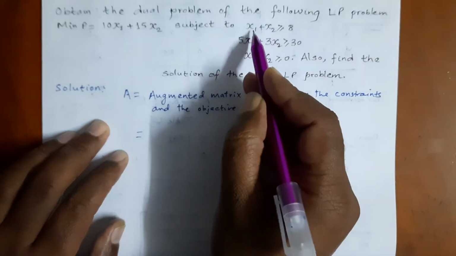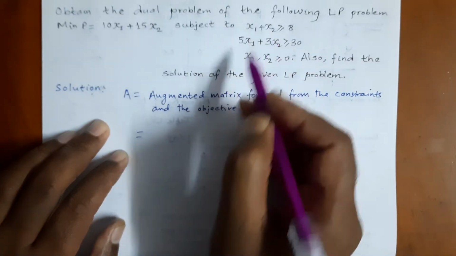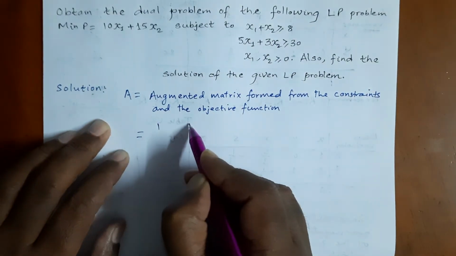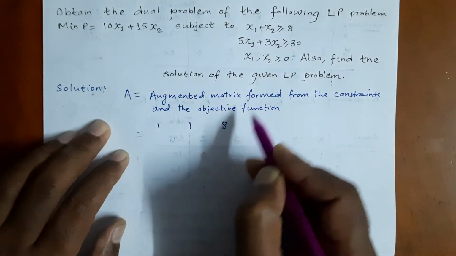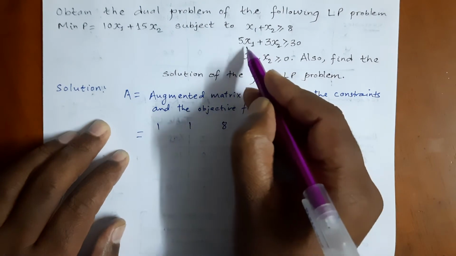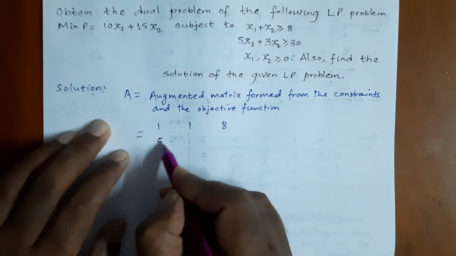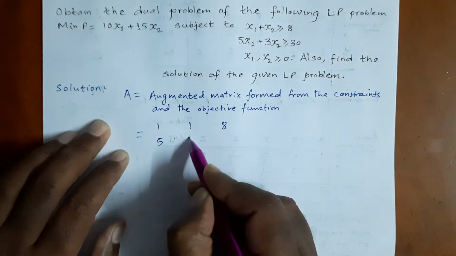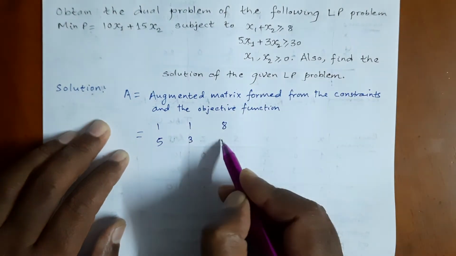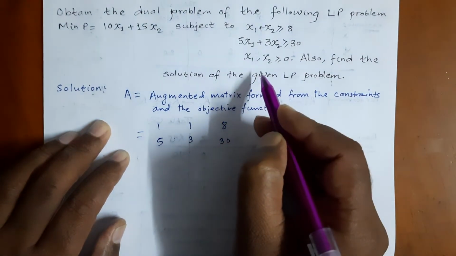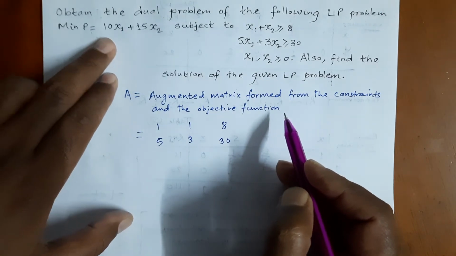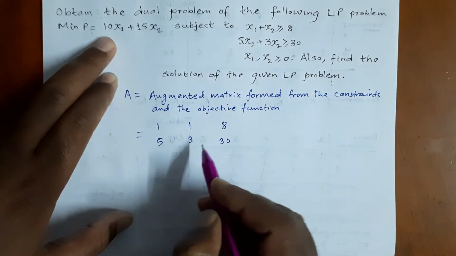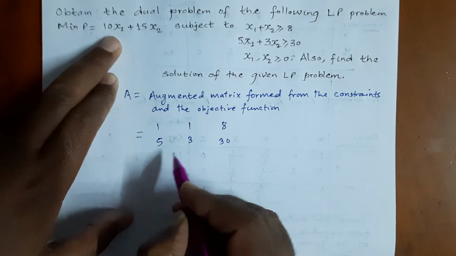And here coefficient of x1 is 1, coefficient of x2 is 1, and constant is 8. Constant is written on the side. Its coefficient is 5, coefficient of x2 is 3, constant is 30. Okay, and here objective functions.